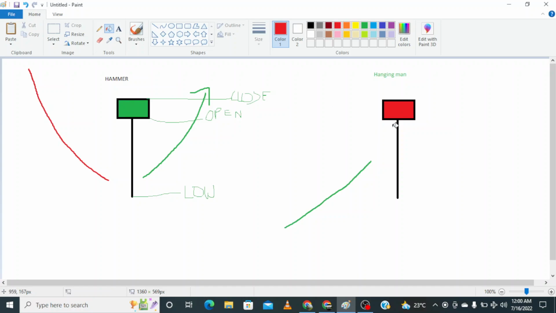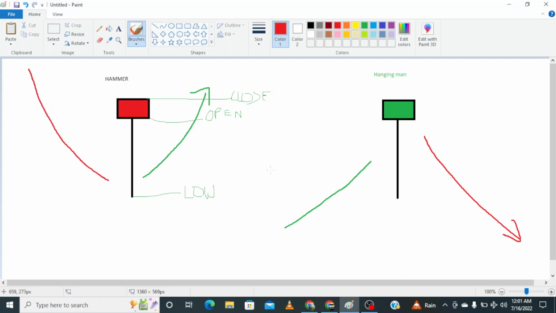Mostly we associate green with the buy side and red with the sell side, that's why I'm doing this, but this can be red and this can be green too. The thing you need to know is where they're being formed. After the price coming up, if this is formed here, the chances of the market going downwards is high.